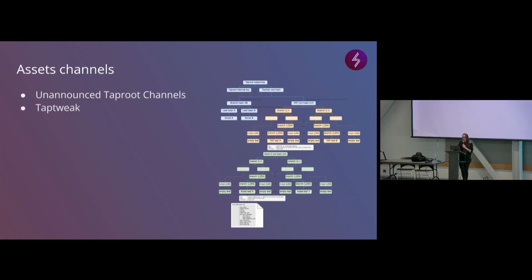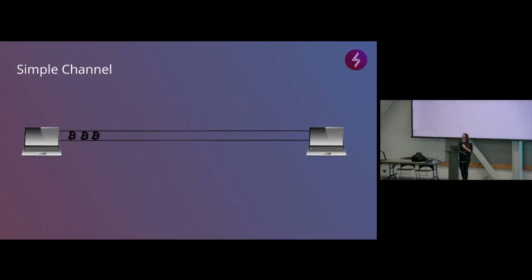We again are using TapTweak, just like we do with all of these transactions. And of course, these are just as before, Merkle sum sparse Merkle trees. That's the data structure. And again, assets live in these UTXOs that we use to open Lightning channels.